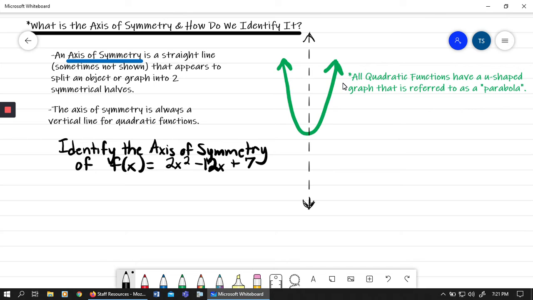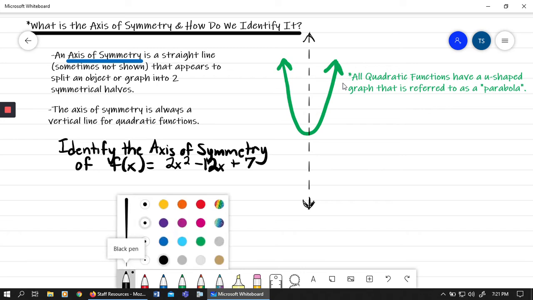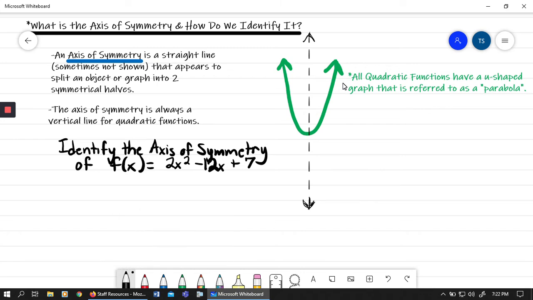When you identify that vertical line, you've got to state it as an equation. And the equations for vertical lines are always written as x equals some number.